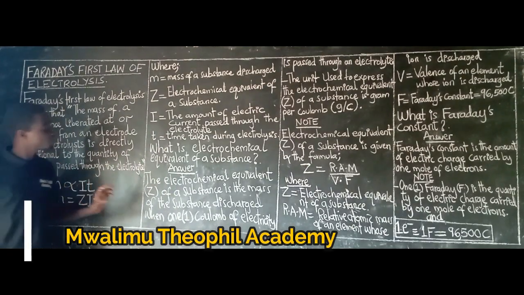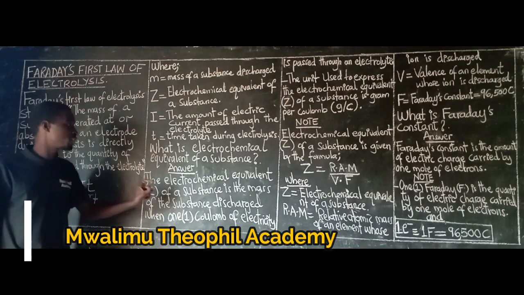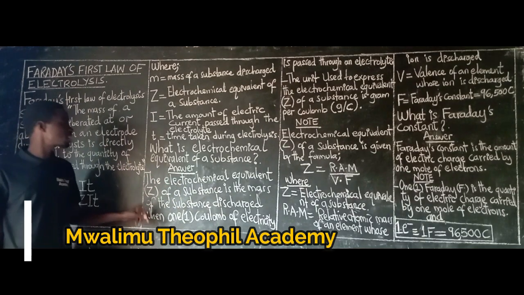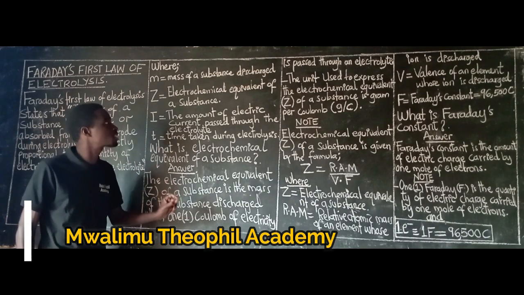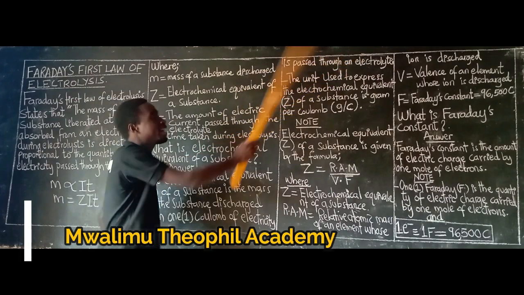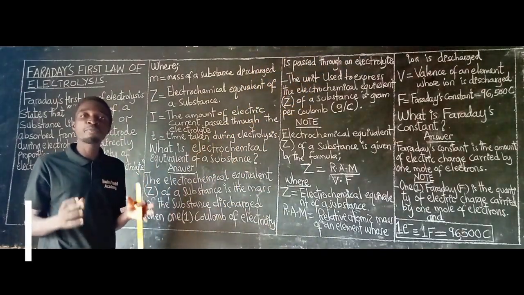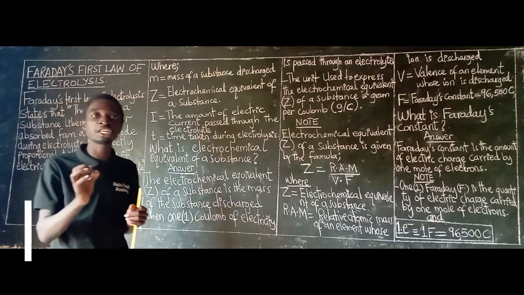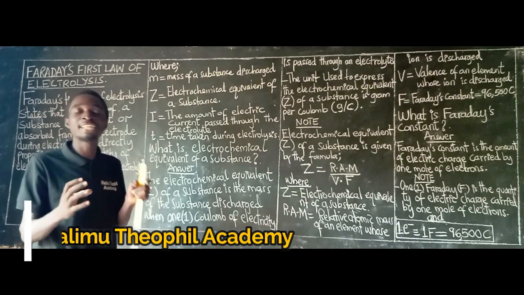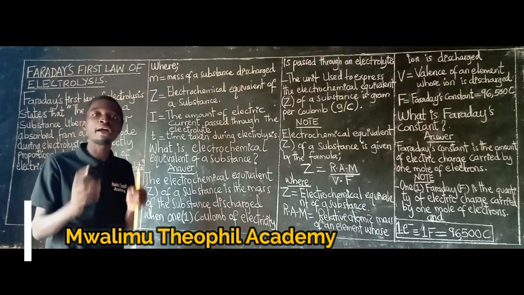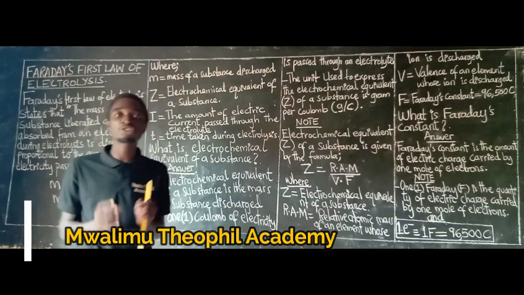Simply, the electrochemical equivalent, denoted as Z, of a substance is the mass of the substance discharged when 1 coulomb of electricity is passed through an electrolyte. So, whenever you're told about the electrochemical equivalent of a substance, take note that it is the mass of a substance discharged during electrolysis when 1 coulomb of electricity is passed through an electrolyte.